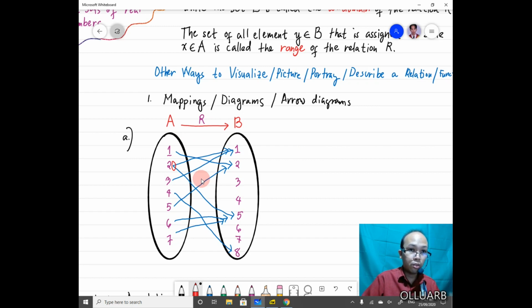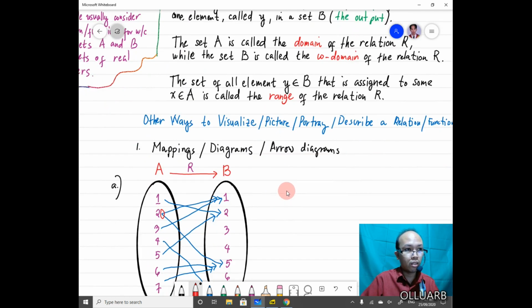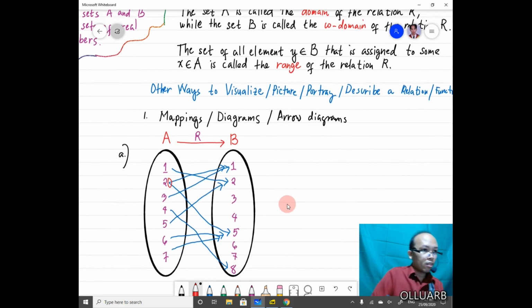If it allows more than one arrow, because it says here at least one element. I hope it's very clear. What if, for example, number 5 chooses again number 5?